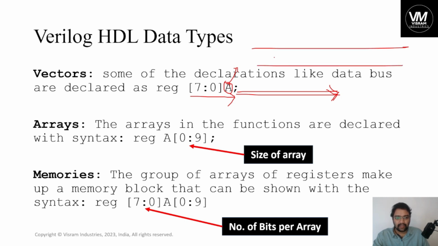As I told, 8 bits can transfer in this way. Like this way, it goes in this way. For example, data goes in this way. 0, 1, this goes this way, size.